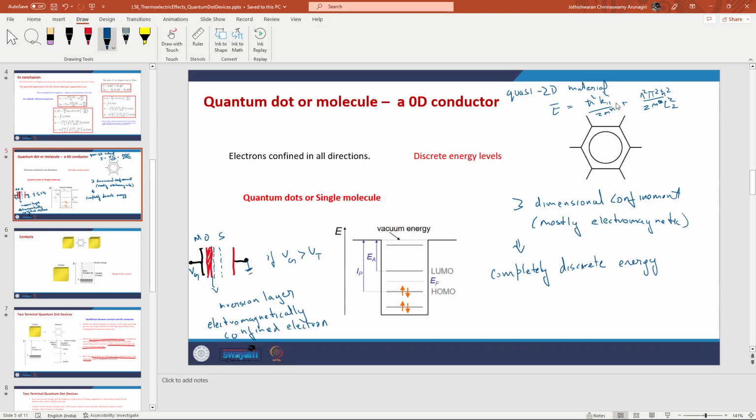So this part was continuous and this part was discrete due to confinement.